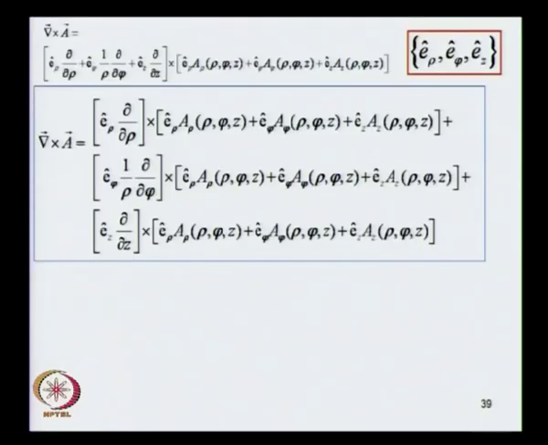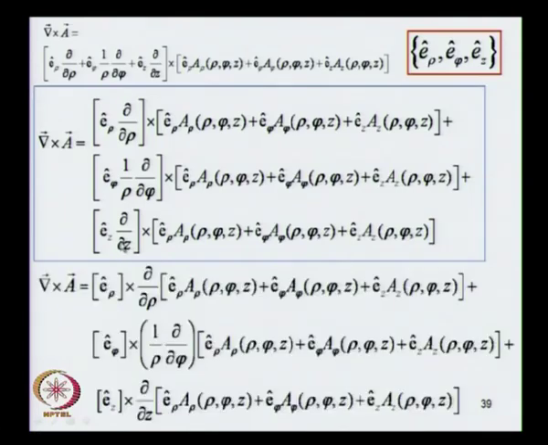You take the derivative with respect to rho in the first term, you take the derivative with respect to phi in the second term, and you take the derivative with respect to z in the third term. So, these are differential operators, and what you must therefore do is, before you construct the cross product, take the derivatives, do the calculus first and then the vector algebra next.